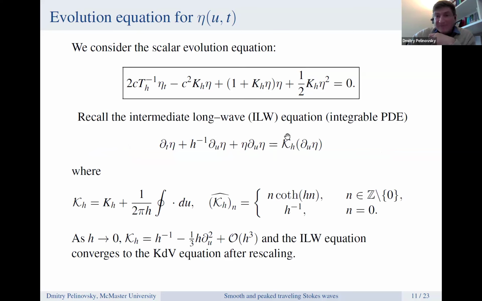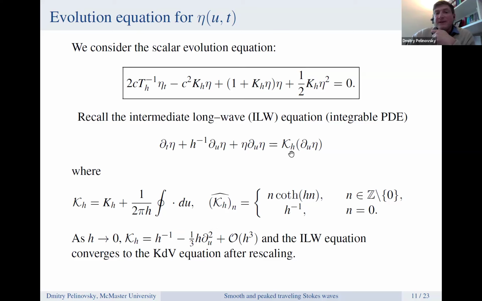That problem has a very similar non-local operator K, with the only difference that the mean value was non-zero, but it was augmented in the same way, as the limit of delta going to zero for all other Fourier modes, such that this operator can be expanded in the shallow water limit to be just identity plus a second order derivative operator, and the identity here is removed by the Galilean transformation in a reference frame moving with the limiting wave speed, so that we have a reduction of the intermediate long wave equation to the KdV equation.